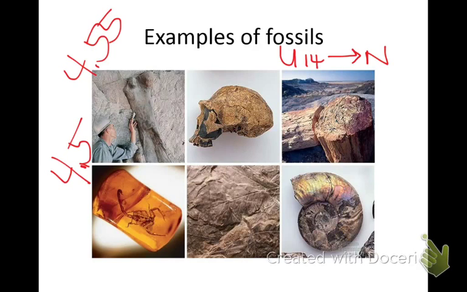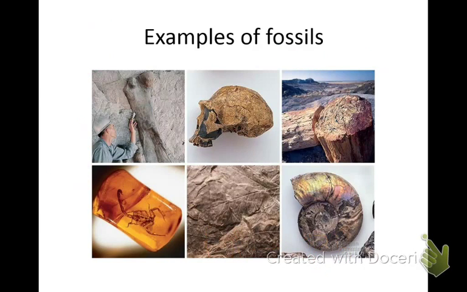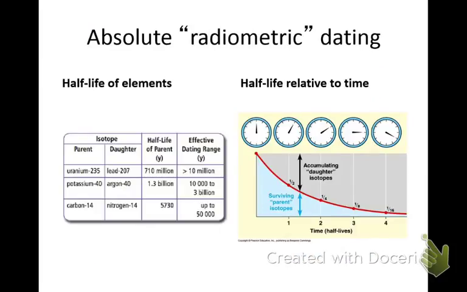You use uranium for anything that's millions of years old, and uranium actually turns into lead. So there's a picture of that, showing your uranium turning into lead. Potassium makes argon, and carbon makes nitrogen. They measure these elements, and that's how old it is.